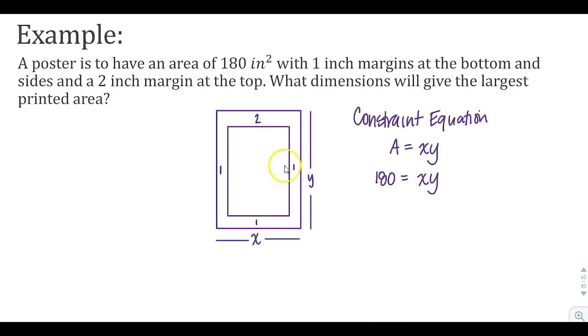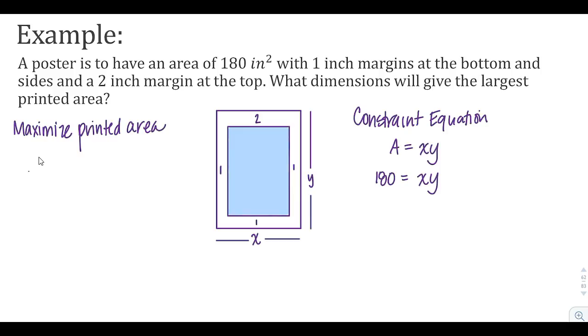And now let's go ahead and talk about what exactly it is we're trying to maximize or minimize. So what dimensions will give the largest printed area? So we are trying to maximize something, largest, the area of this inside region here. Alright, so maximize the printed area.